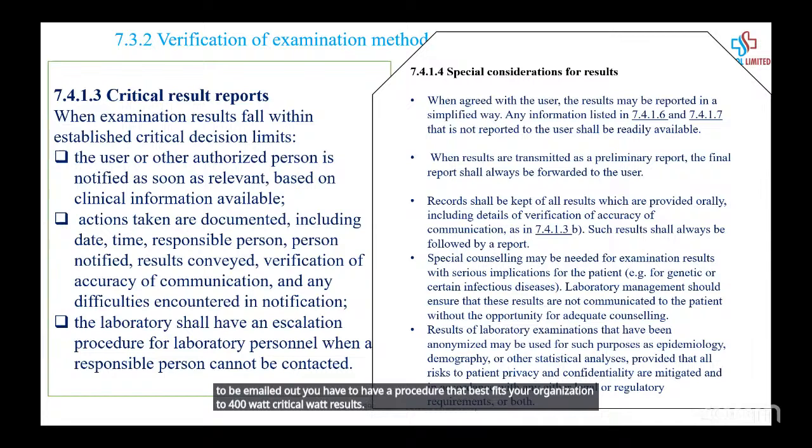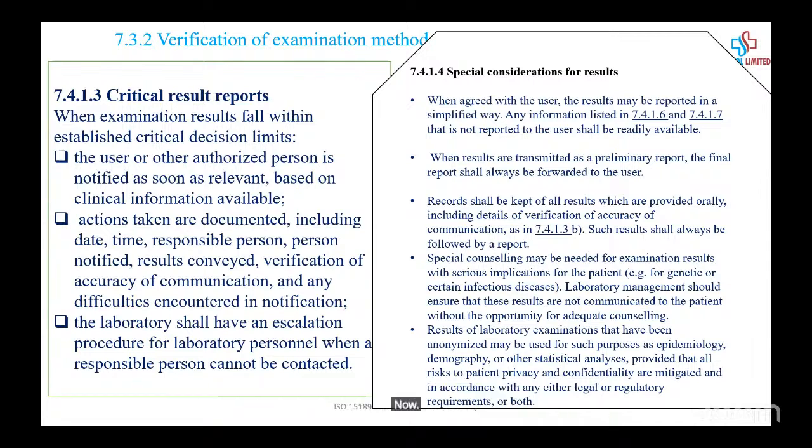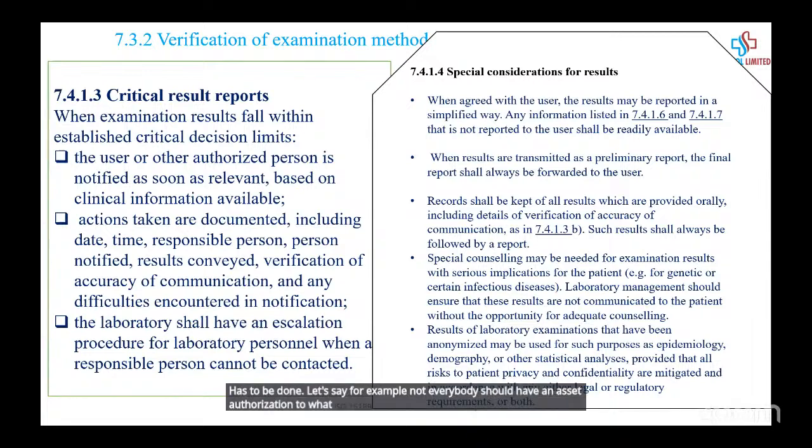Now, let's say for example you're using an electronic way, the verification of the examination result has to be done in that system. Not everybody should have access or authorization to release the result because they are using electronic means.